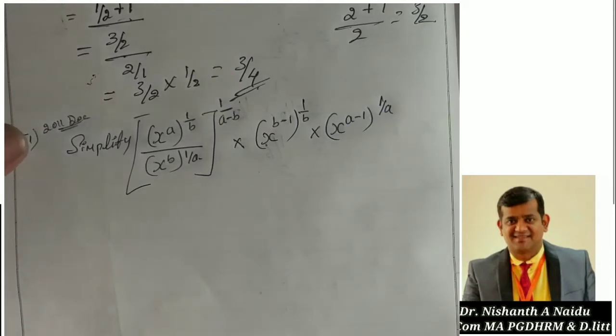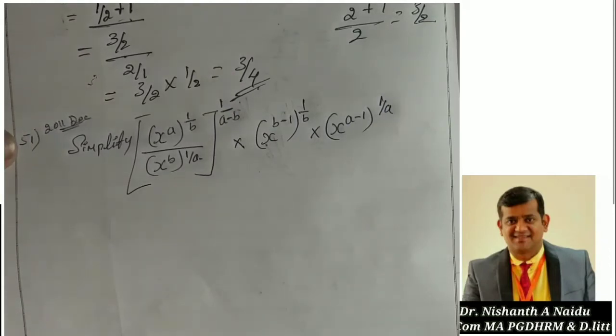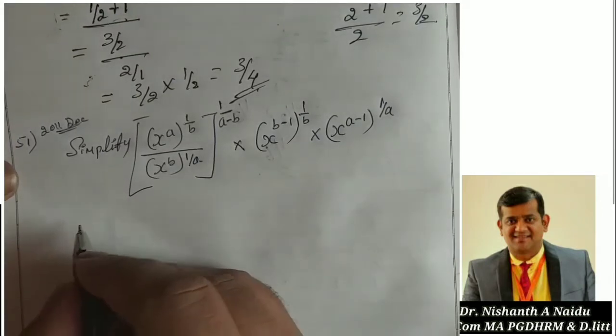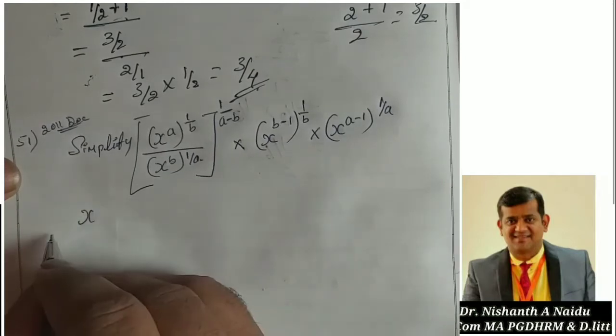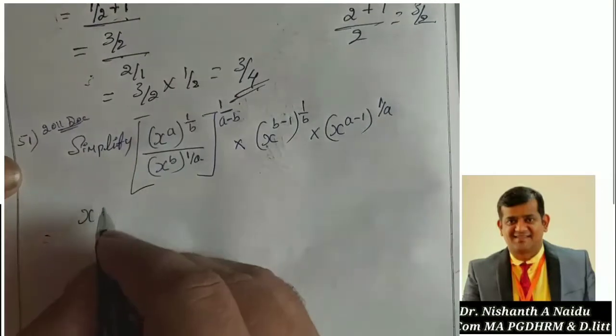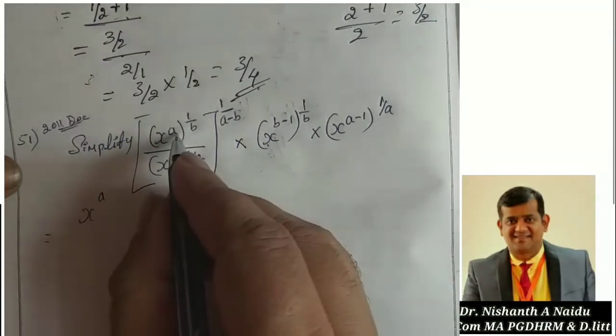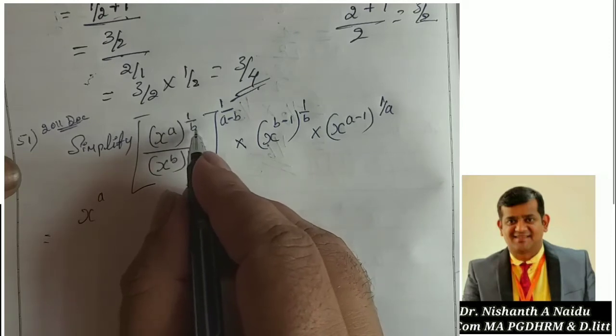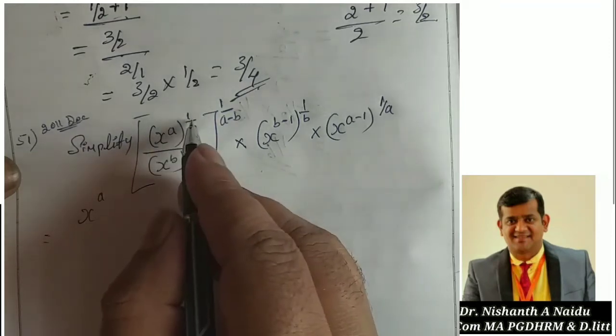Okay, so let us start the solution for this particular problem. First let us simplify. I am taking x to the power of a into 1, which is a, divided by b, because a into 1 we have multiplied.